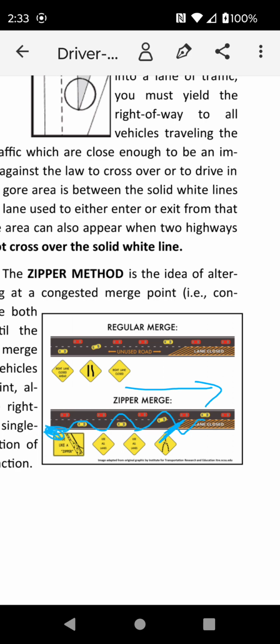Merge from over here, or even over here is fine. Just be nice. And you got your signs here. It says merge like a zipper. Use all lanes, and then a zipper symbol.